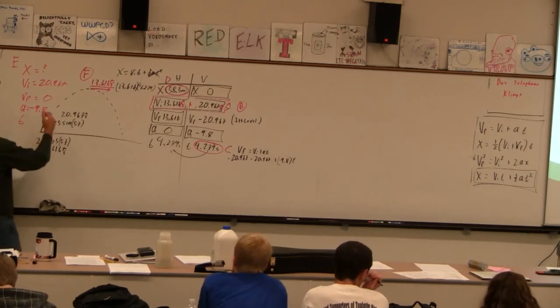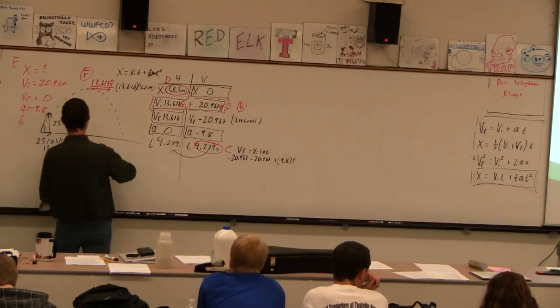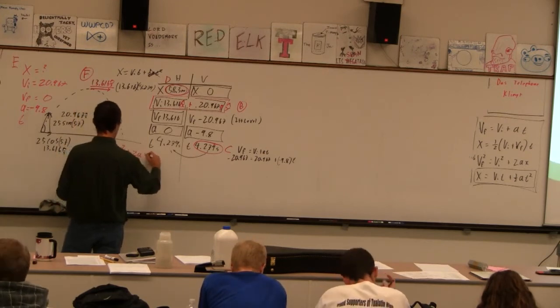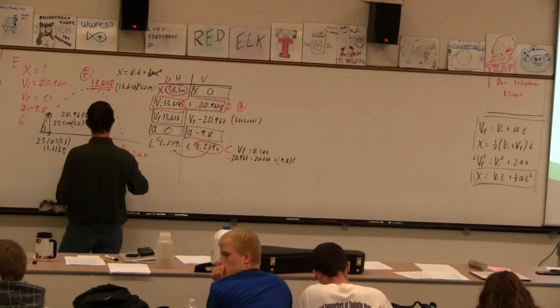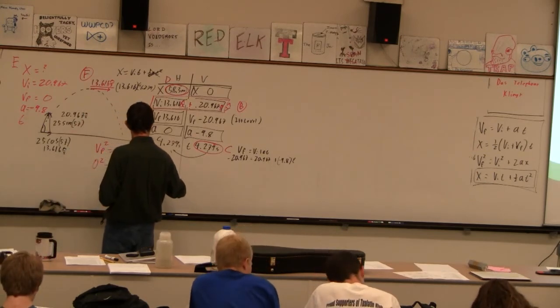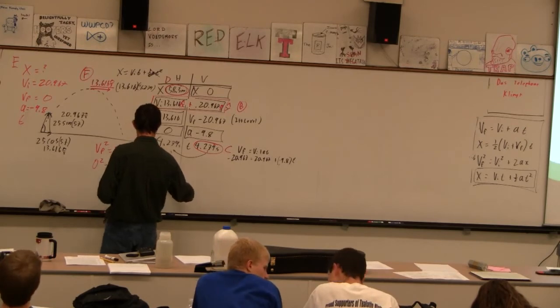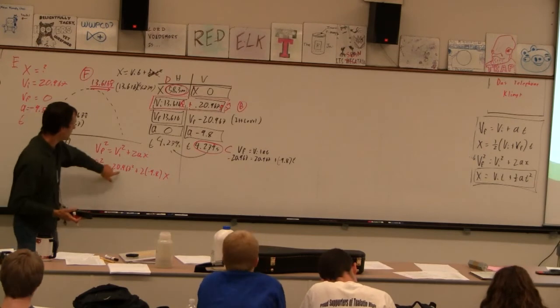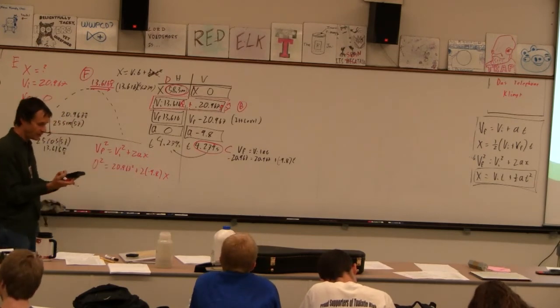Okay? So for the highest point, I would use VF squared is VI squared. So 0 squared is... right? And then it's always just the velocity squared divided by 2 divided by 9.8.